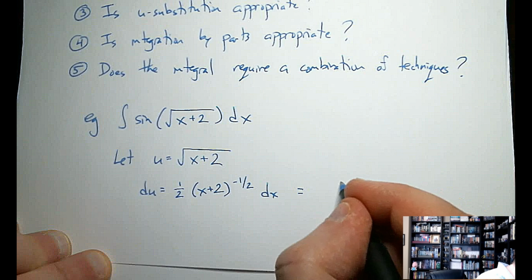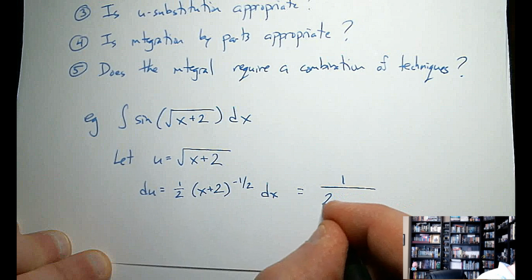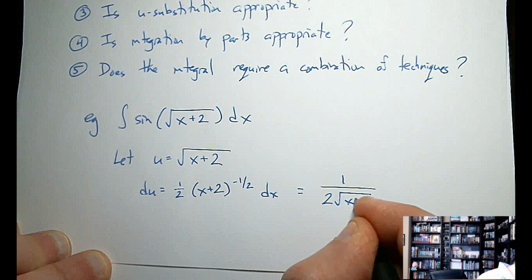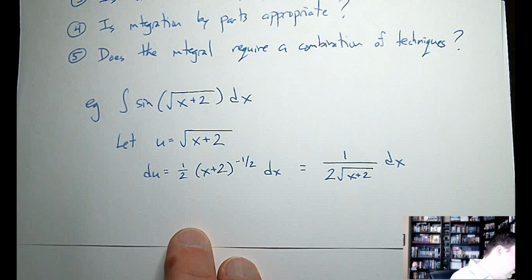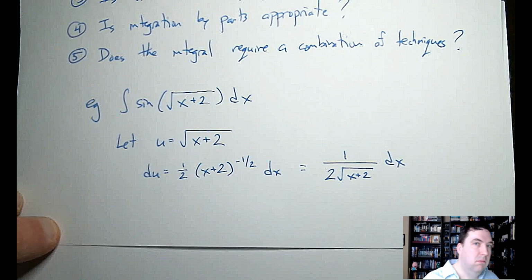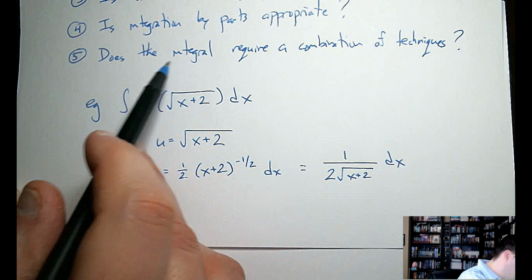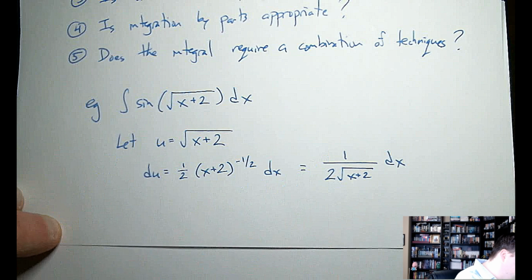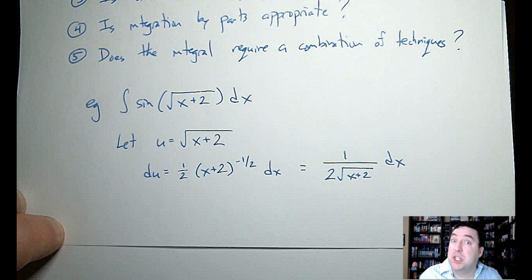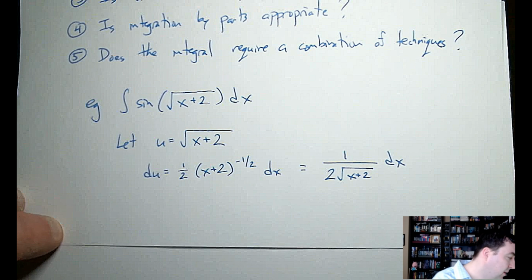Or in other words, I can write that as 1 over 2 times the square root of x plus 2. And again, apparently that's a problem, because we don't have a 1 over root x plus 2. The half here, that being missing doesn't bother us, because that's just a constant. We know how to deal with that.